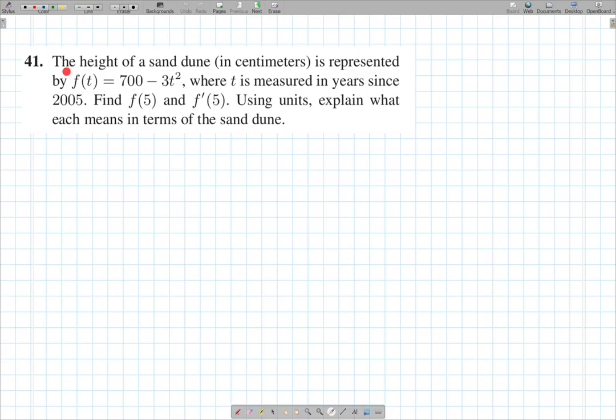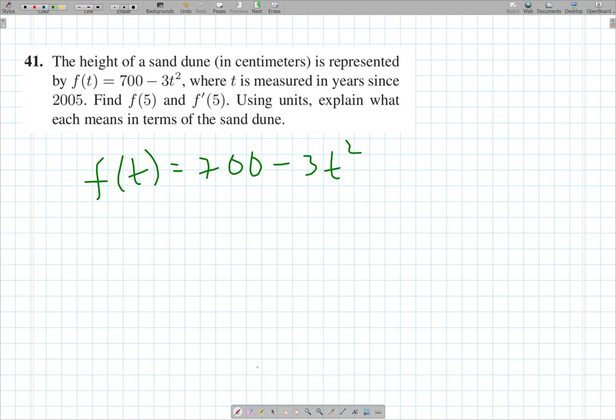Ang sabi sa problem, class, the height of a sand dune in centimeters is represented by f of t equals 700 minus 3t square. Okay, so given this equation, f of t is equal to 700 minus 3t square.